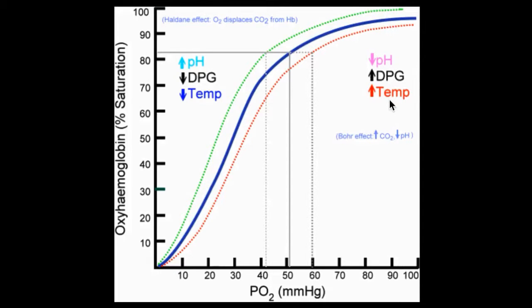And you can see that it holds on to it tightly because when you look at the x-axis of this graph, even though you have a big change in the partial pressure or the amount of oxygen around the hemoglobin, you have a very small change in the percent saturation, which means that hemoglobin is not giving away the oxygen. It's holding on to it or has a very high affinity.